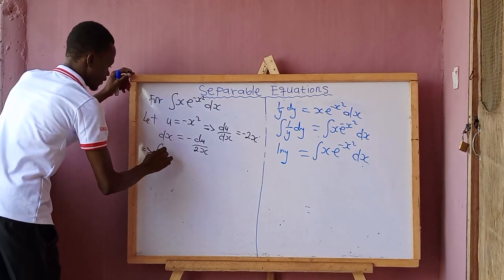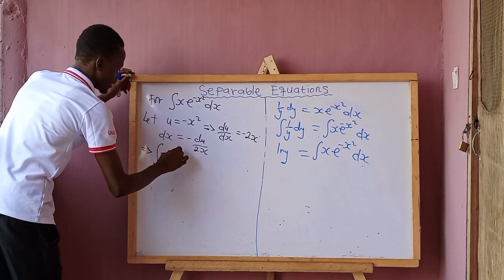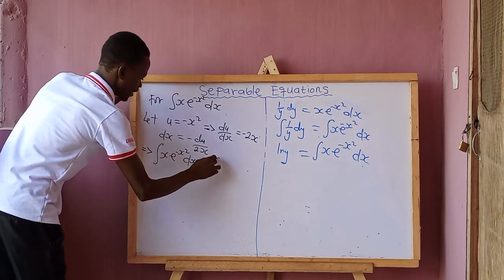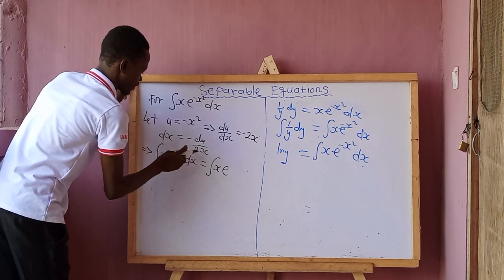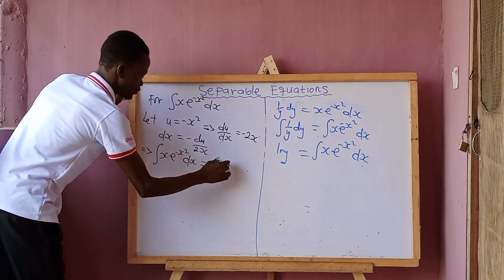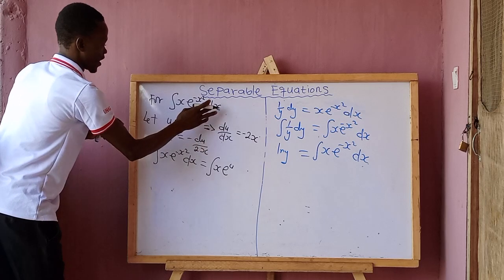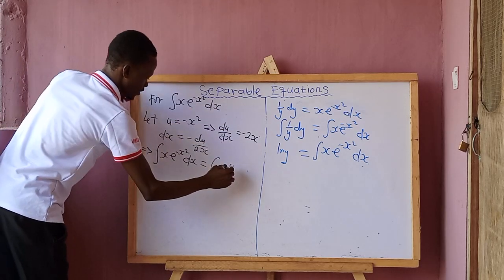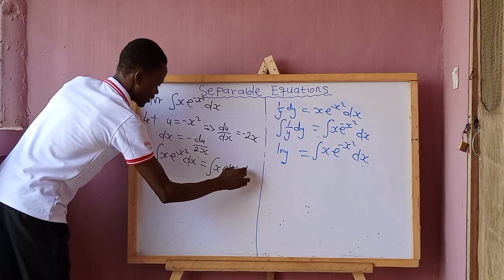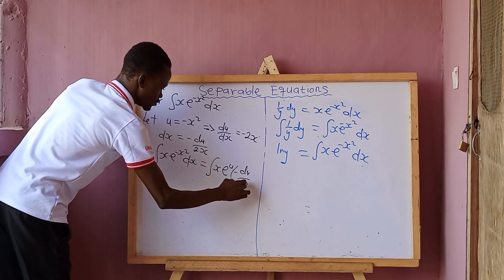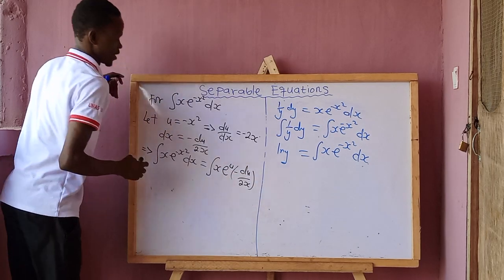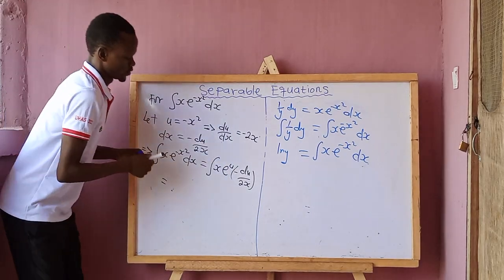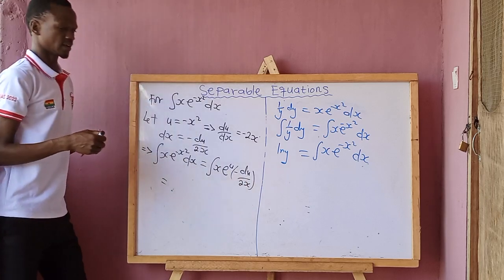Substituting it back into the equation, the integral of x e raised to the power negative x squared dx is equal to the integral of x e raised to the power u, times negative du over 2x. Now this x can cancel this x.